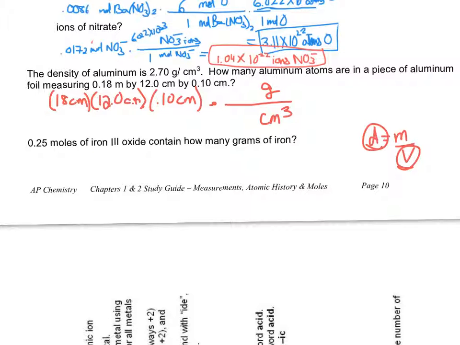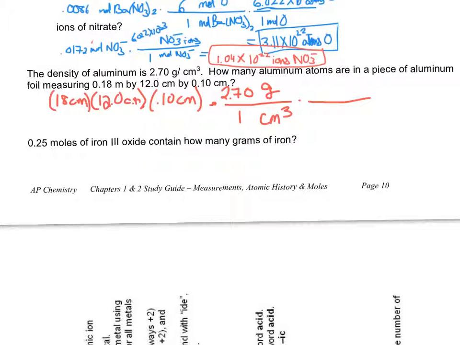I know that it's 2.70 grams per centimeter cubed, so that means 2.70 grams for every 1 centimeter cubed. Again, if this bothers you, you can just plug it into the density equation and get the mass. But this way I get the mass and can just keep moving on. I don't like to use my calculator as much. I like to just keep it till the end.